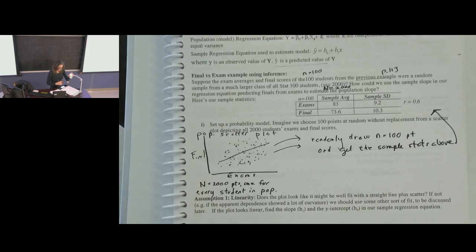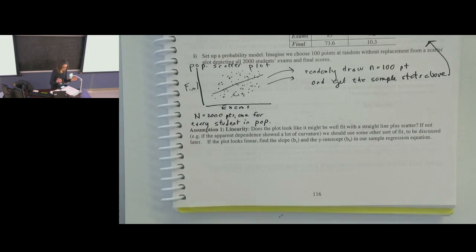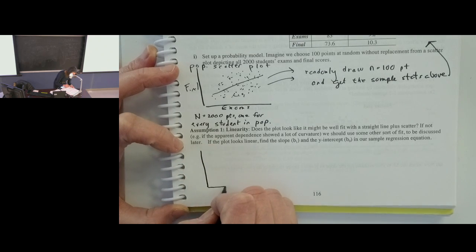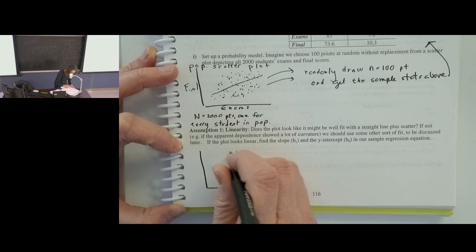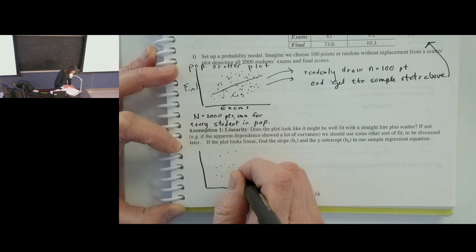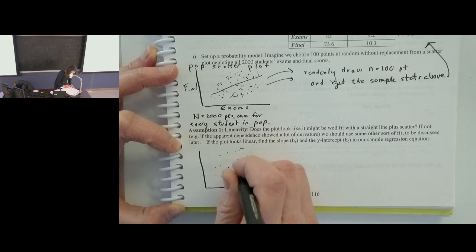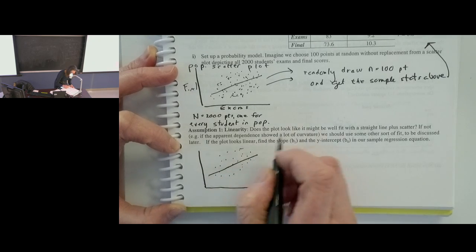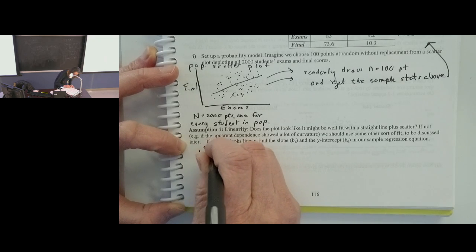So you check for linearity. This is our first assumption. The plot we got looked pretty good actually, it's the same one we had before, and it looked okay. We're checking for linearity.